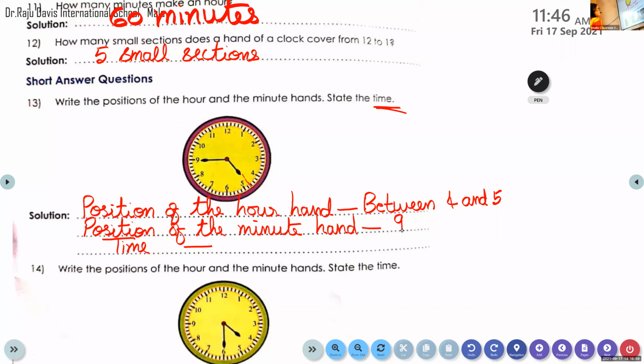Whether it has reached 5? Ma'am, 4. 4. Question number 13. Yes, ma'am.